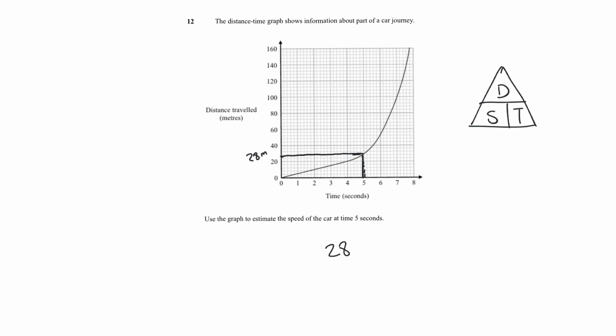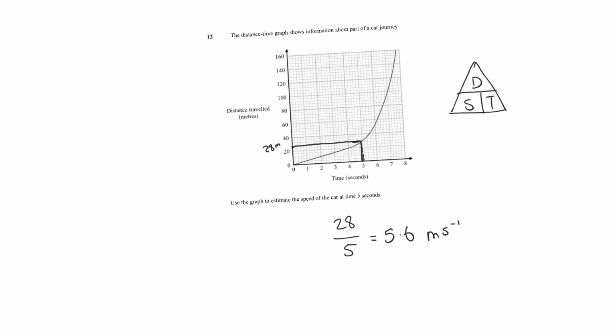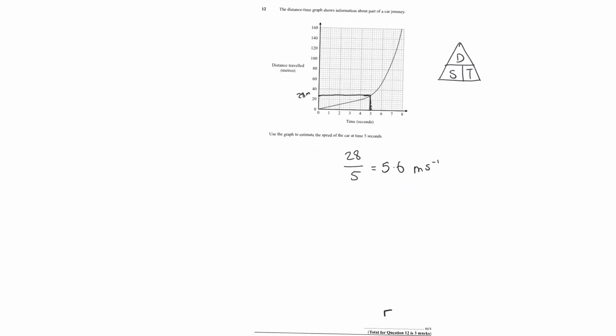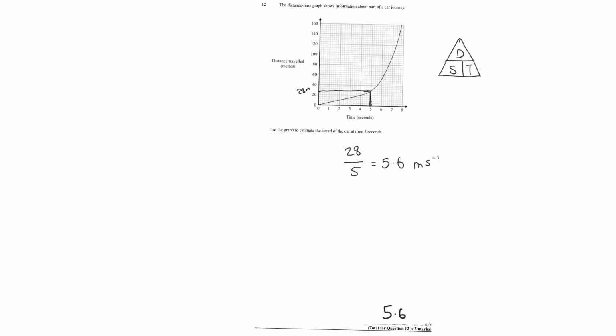So then 28 divided by 5 in our calculator gives us 5.6 meters per second. And that's us using the graph to estimate.